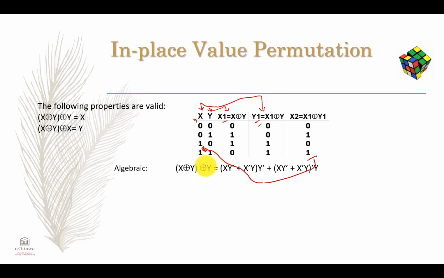Okay, if we want to prove it using the algebraic proof, so x XOR with y, I can rewrite it using its logical operation: xy prime plus x prime y, and then the whole term will be XORed with y again.